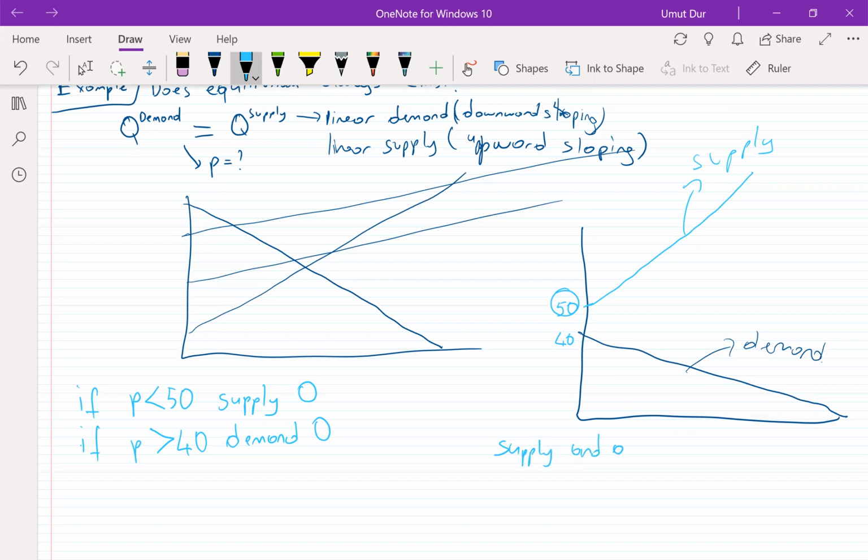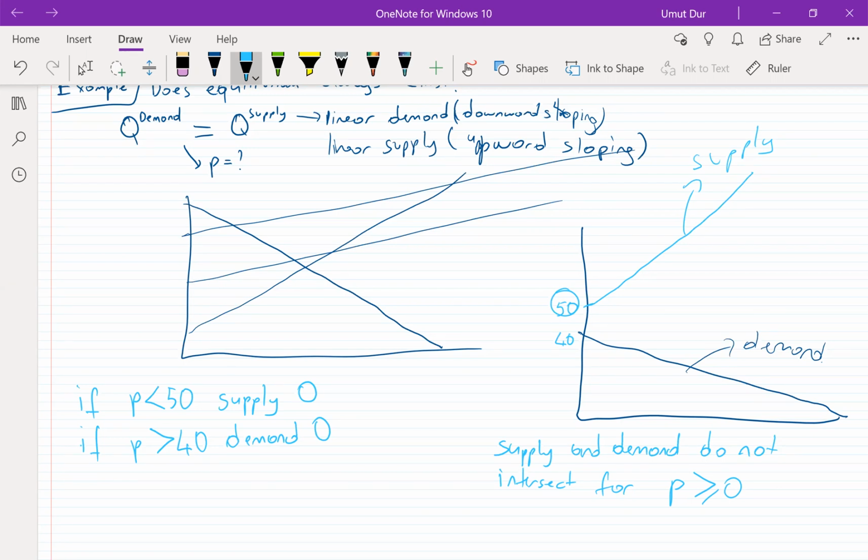As you can see from the graph, supply and demand do not intersect for price greater or equal to 0. For the range where we have non-negative price, supply and demand do not intersect.